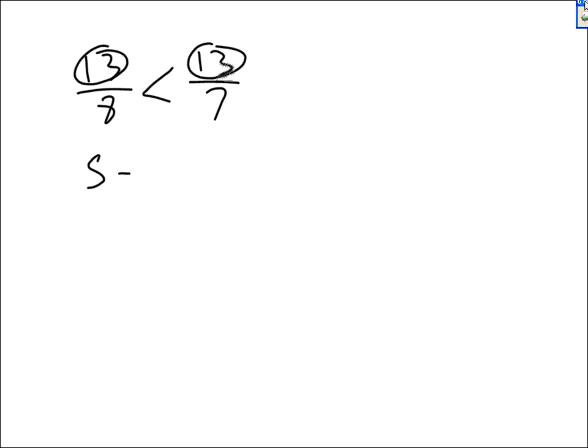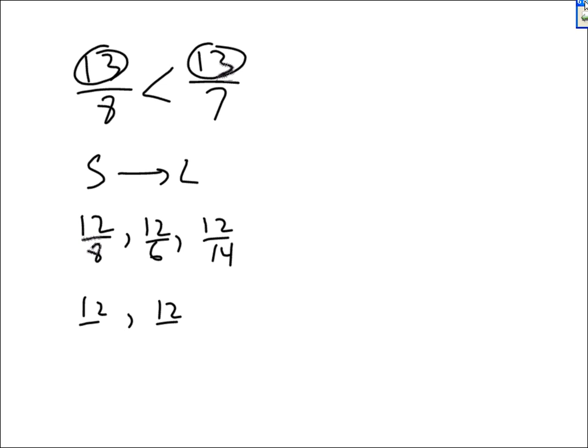Okay, smallest to largest. We have 12 over 8, 12 over 6, and 12 over 14. In this case, we know the numerators are not changing. The denominator is changing. Now we want the smallest first, so we put the largest denominator first. Now that one's gone.